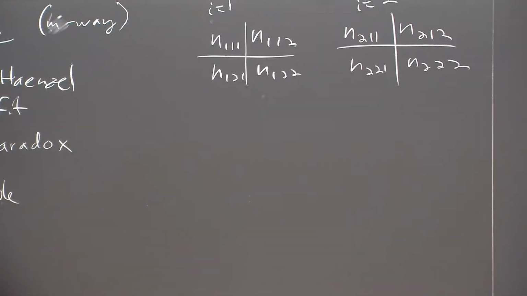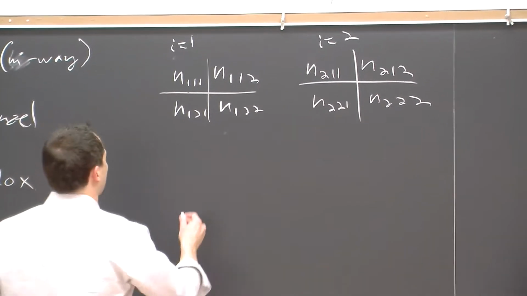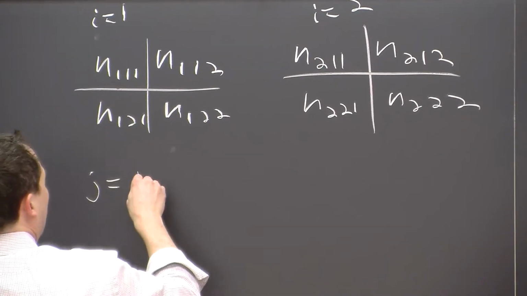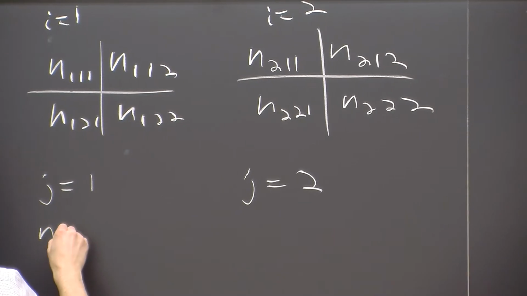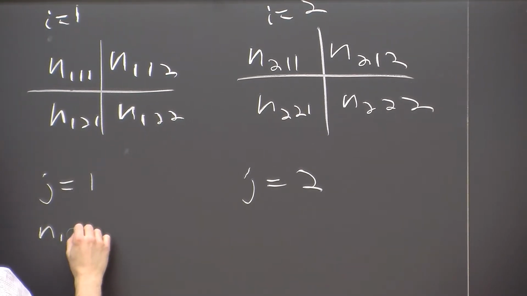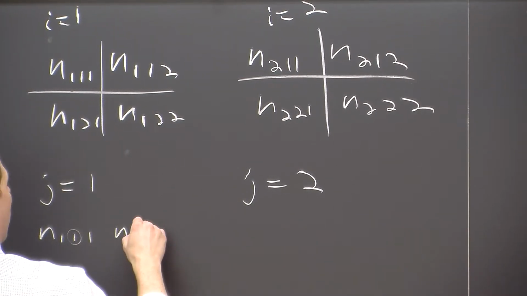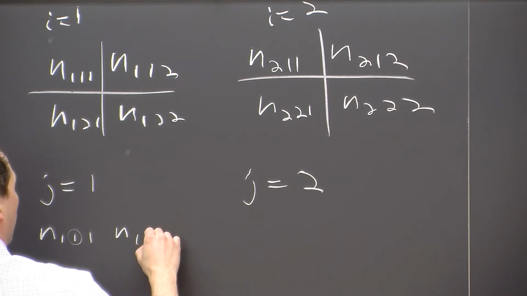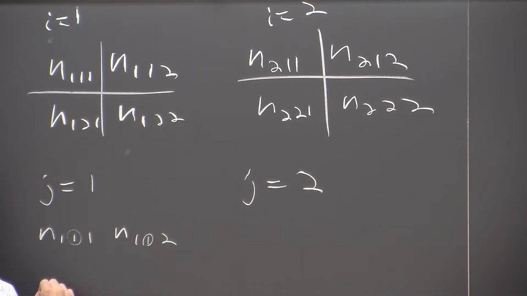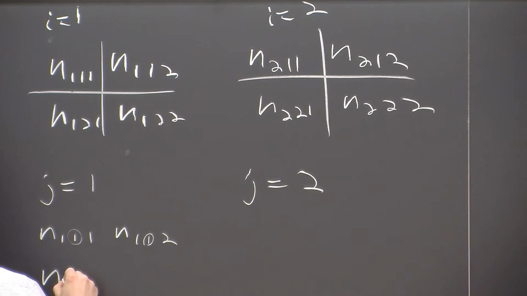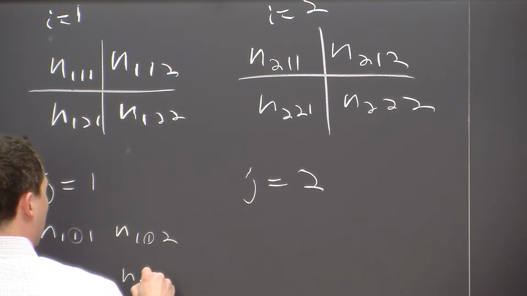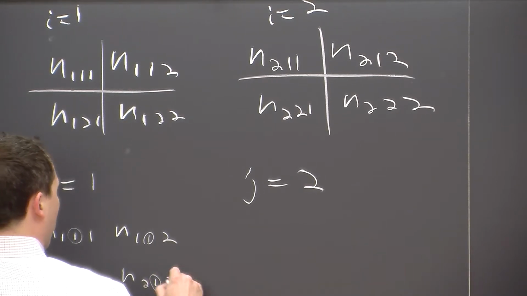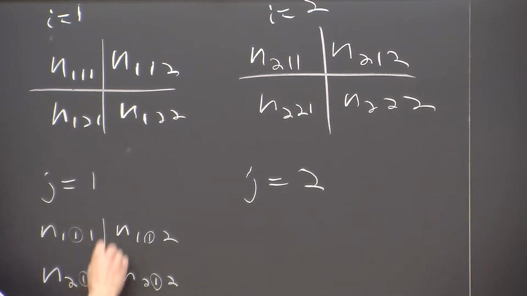It made just as much sense to say J equals 1, J equals 2, and then I would have n111, n112, n211, n212, so it's the thing in the middle that's not changing.